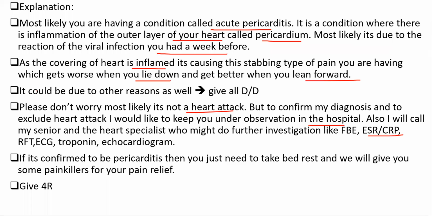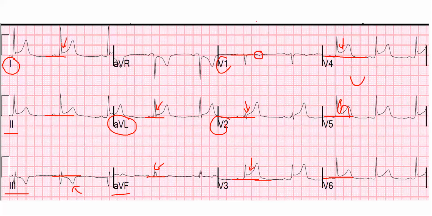Which one, Dr. Pramodia? The last bit, reciprocal. Okay. Reciprocal means that if you have got ST elevation in chest leads, like V1 to V6, in the inferior leads, which are lead 2, 3, and aVF, the ST should be depressed or just normal, should not be elevated.